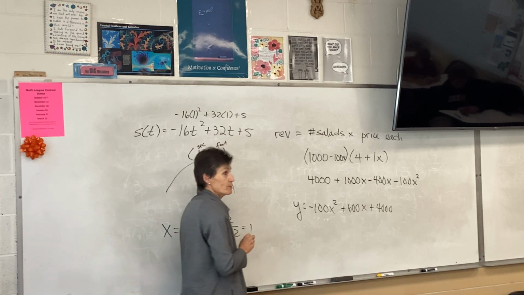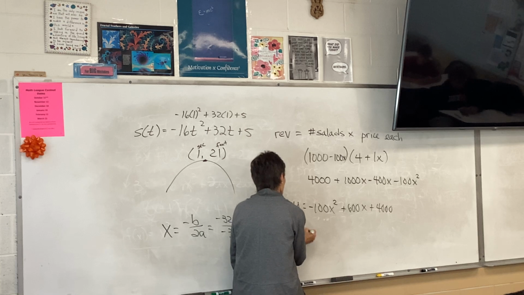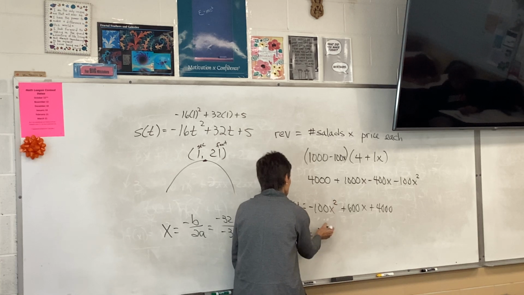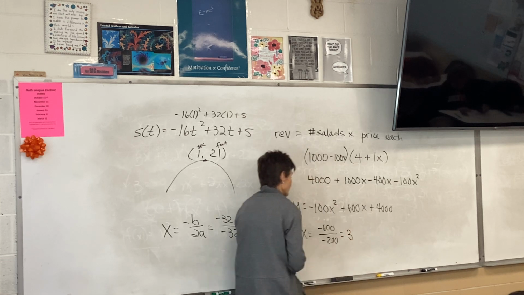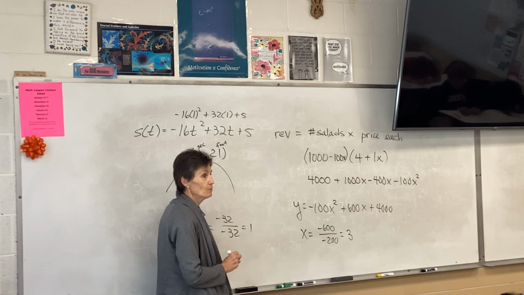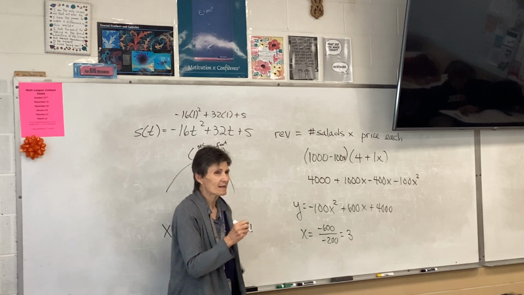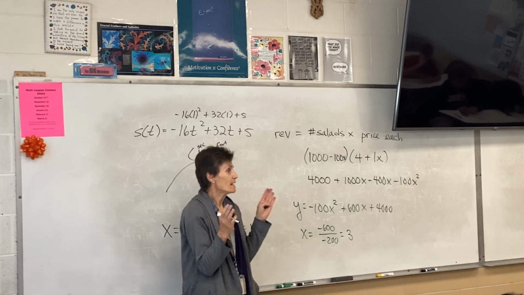So I need my vertex, right? So x is going to equal negative b over 2a. I got 3. Did you? Now what is that 3? 3 what? 3 increments, right?